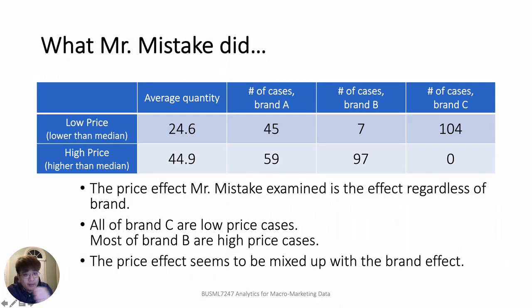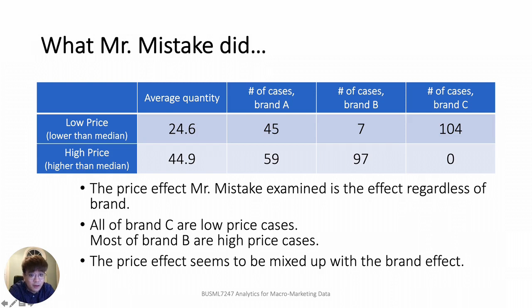Alright, let's first think about what Mr. Mistake did. He examined the price effect on sales, but regardless of brand. In this table, I split the data at the median of price, regardless of brand. The first row is for low price observations, whereas the second row is for high price observations.